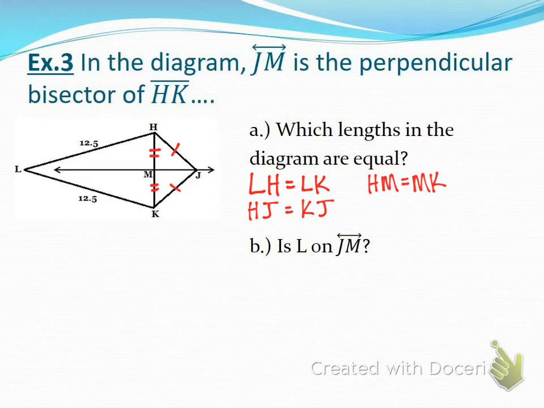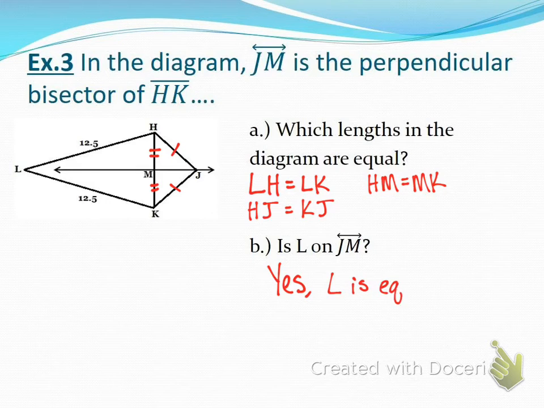Okay. Is point L on line JM? Yes, why? Anybody have an explanation? Akira? Equidistant from? Good. Equidistant from the endpoints.